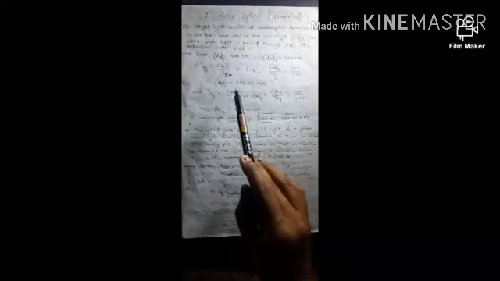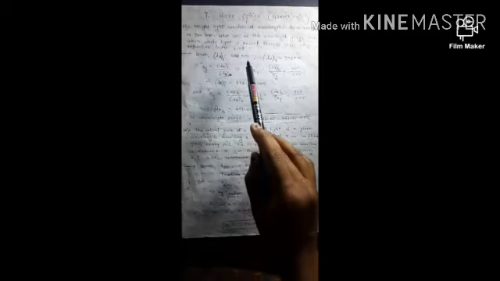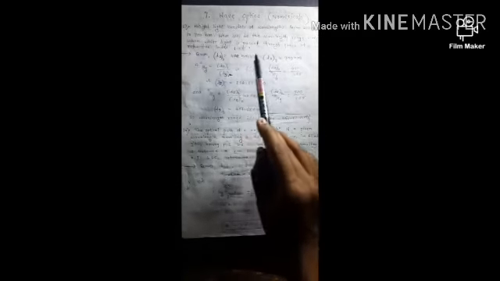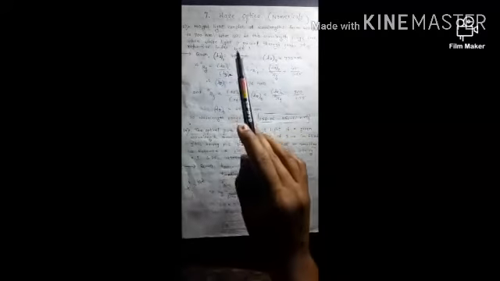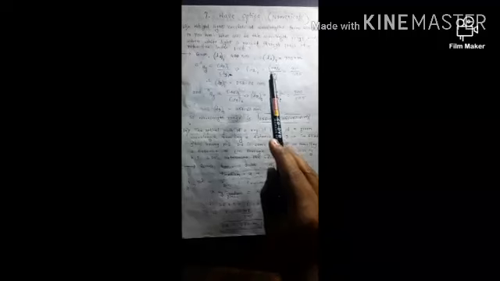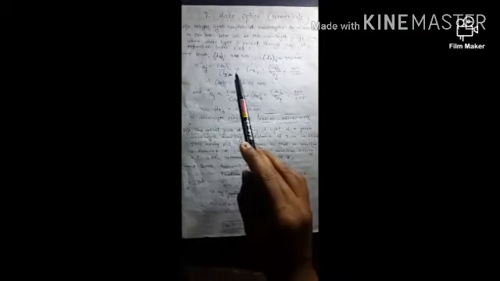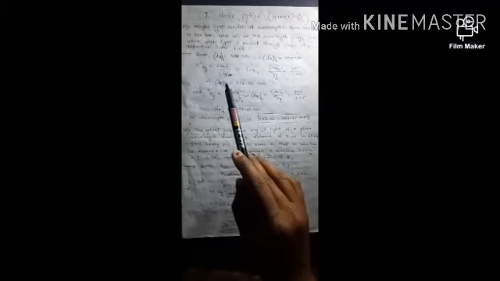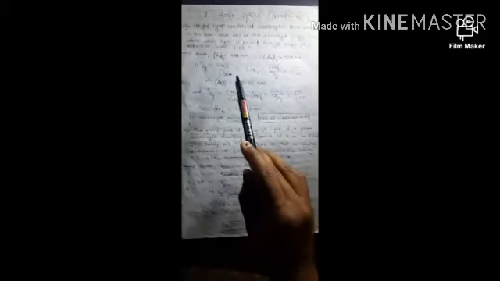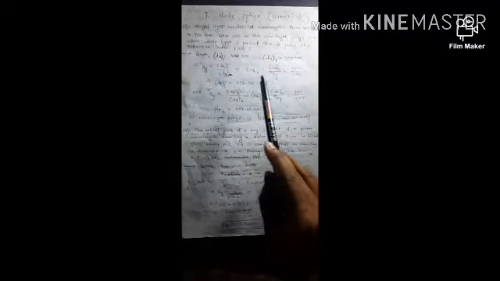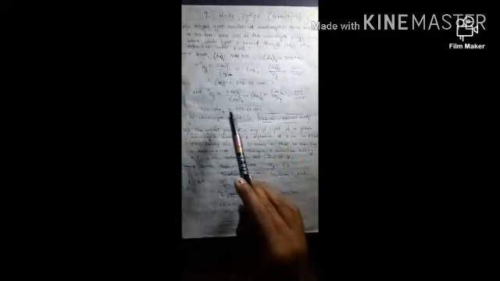In the third step, convert those values in the same system of unit. Mostly convert the given quantities in terms of SI unit if it is necessary. Then choose the proper formula which is related to the given physical quantities. Then after, substitute the values and finally calculate the answer.